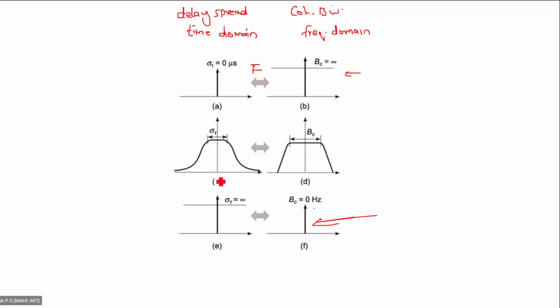But if you see cases C and D, you can see that there are two parameters. This is delay spread, and if you plot the corresponding signal on the frequency axis, then you will see the parameter BC, that is, coherence bandwidth.